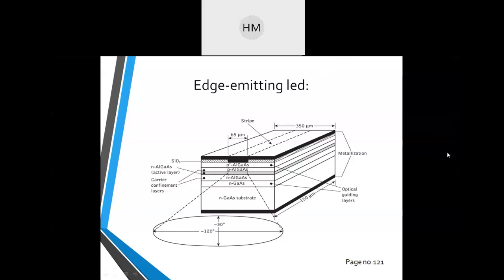You just have to remember the design and accordingly write your theory. So edge emitting LED, also called edge emitter LED, ELED. Okay. I think the majority have finished.